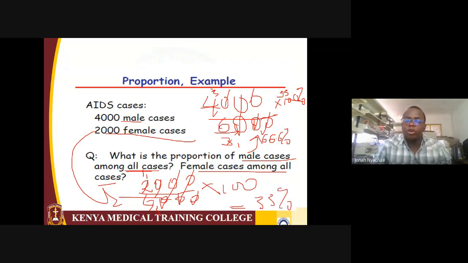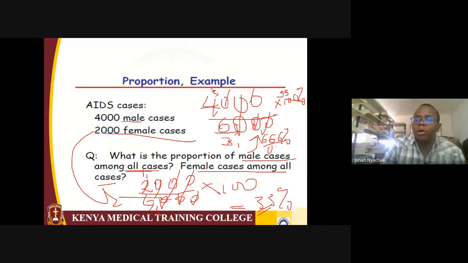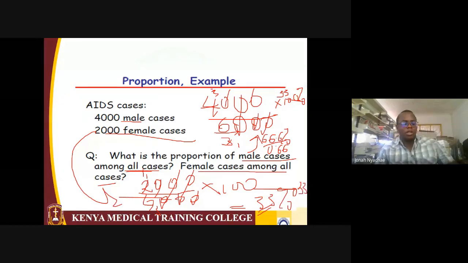So the proportion of male cases among all cases is 66%, while the proportion of female cases among all cases is 33%, or 0.66 and 0.33. That is what we are talking about when you are addressing proportion.